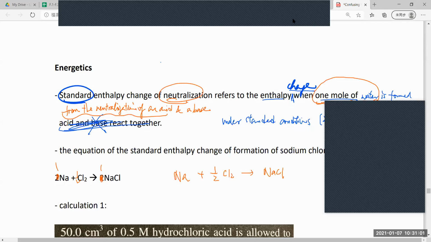Of course, for sodium, it depends on the definition of standard enthalpy change of formation of a substance. A substance is formed from the reaction from its constituent elements in their most stable state. So Na, what is the most stable state at room temperature and pressure? It is just Na, solid.